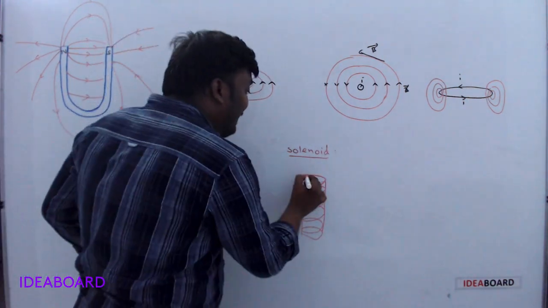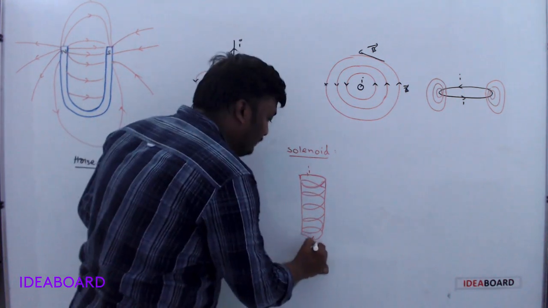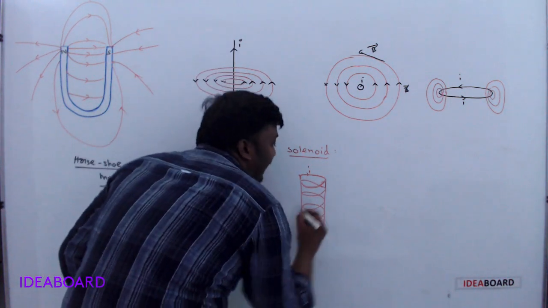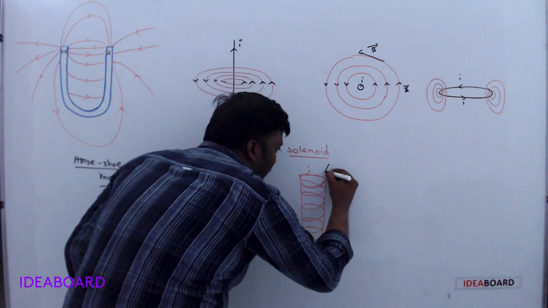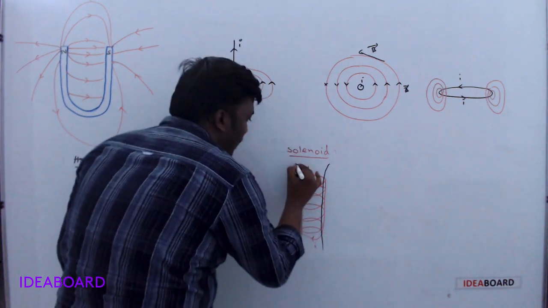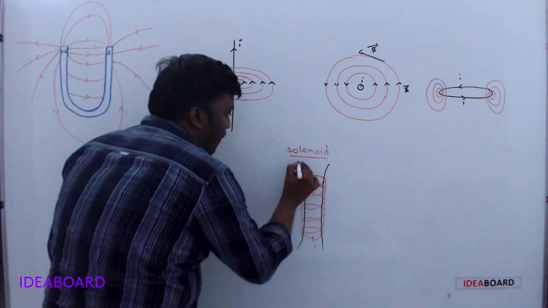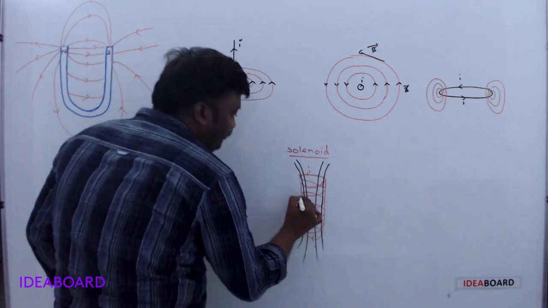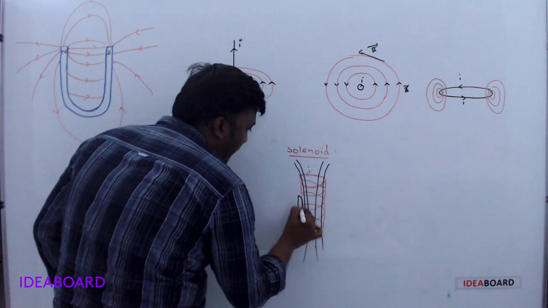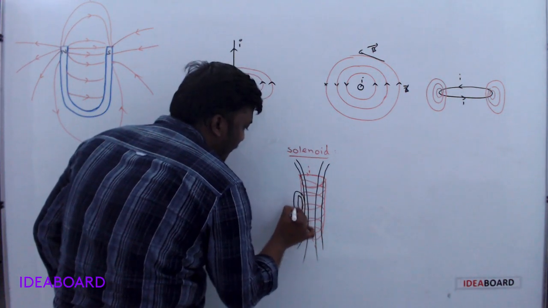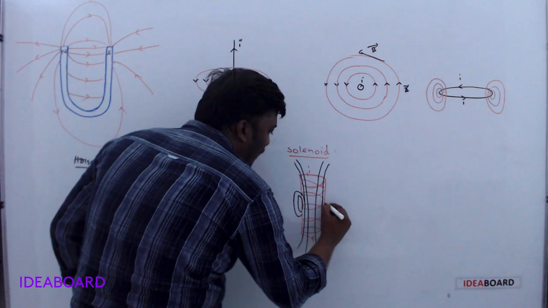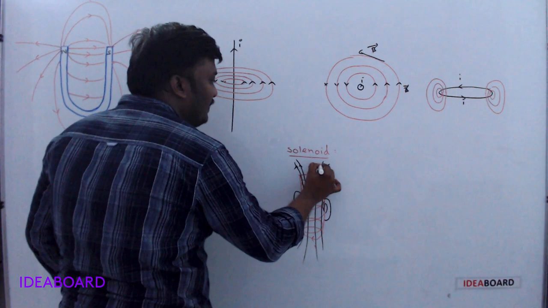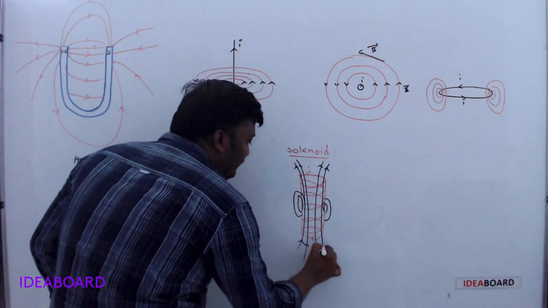Okay, if you send some current through this solenoid, then around the solenoid a magnetic field will exist. Okay, these are the magnetic field directions.